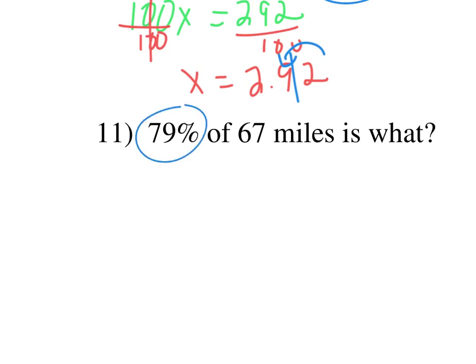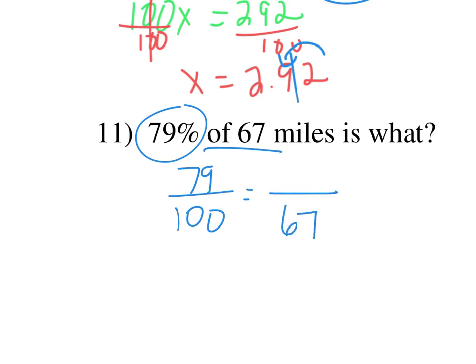Okay. 79 over 100 of 67. 67 is what? X. And I see the word miles there, so we're going to have to say miles in our final answer. Same old thing. 100x equals 79 times 67, 5,293.